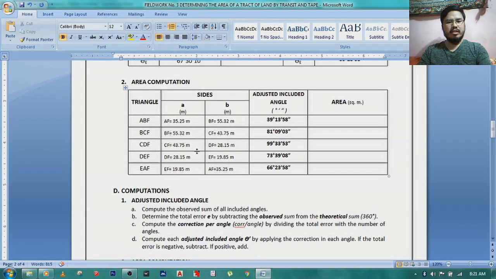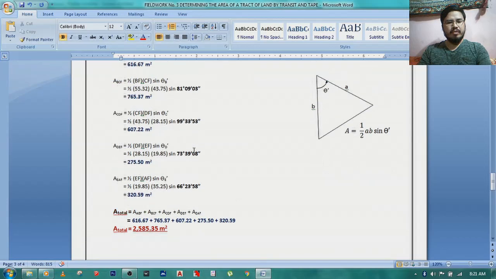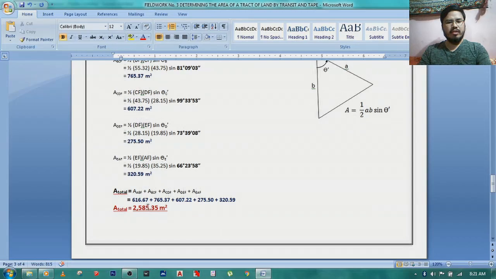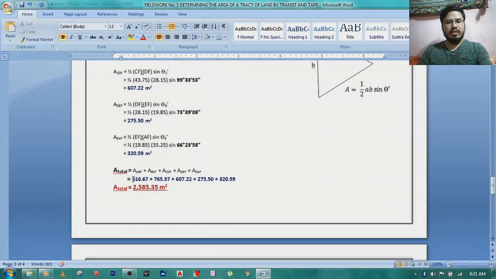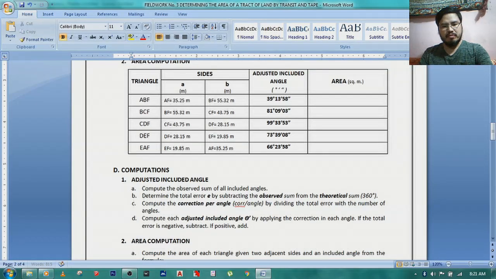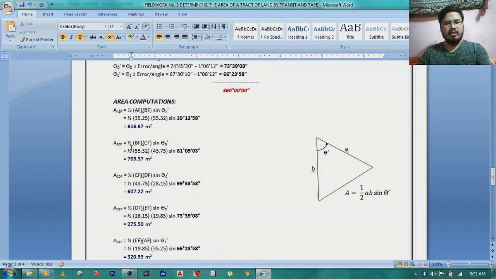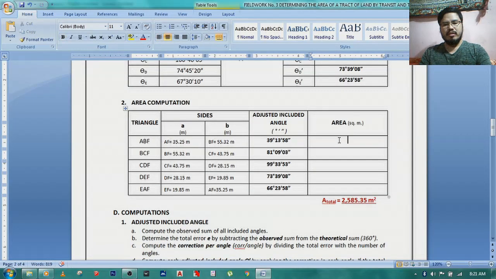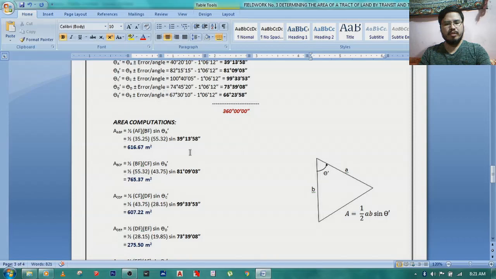Okay, so now if you sum up these values, it will give us the total area of the lot. So we can now copy this one right there. You can copy this one here. That is for area ABF.